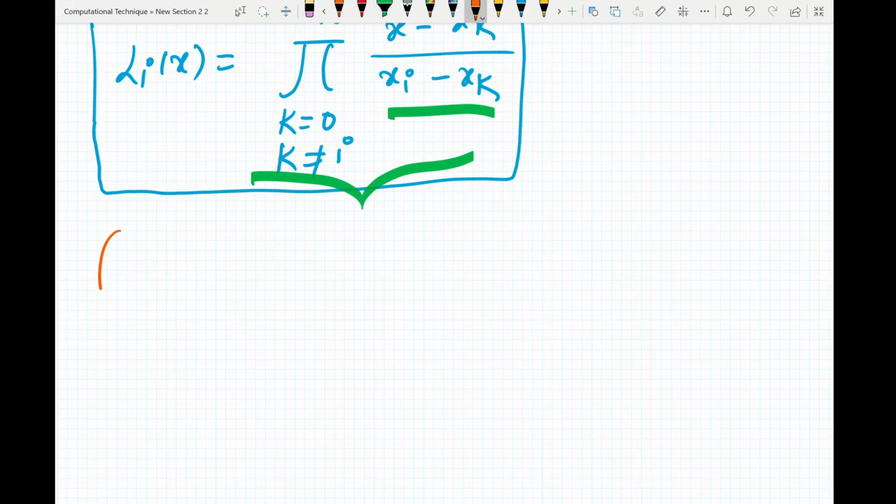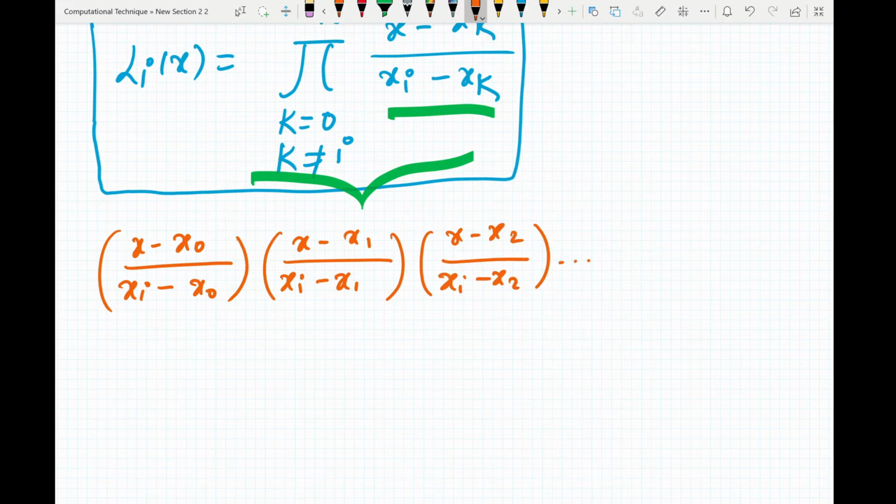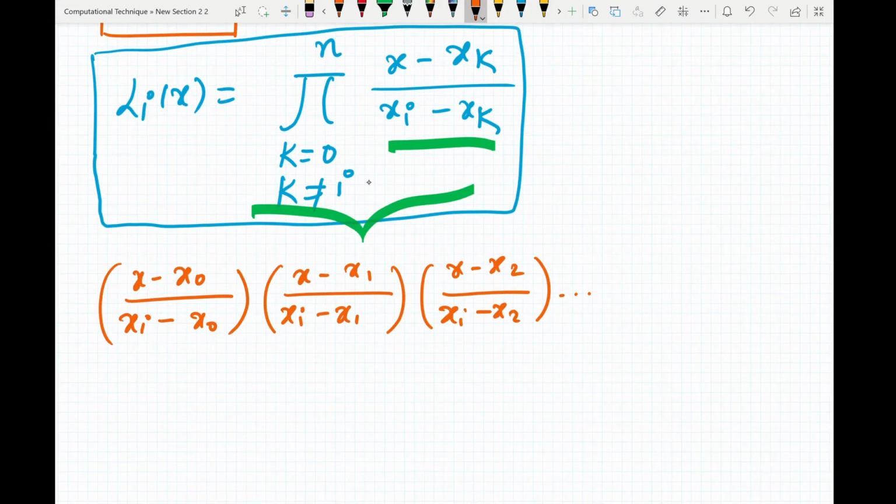If you expand it, what you'll get is (x minus x0) divided by (xi minus x0), and then (x minus x1) divided by (xi minus x1), times (x minus x2) divided by (xi minus x2), and so on. And then this k cannot be equal to i. If that is equal to i, then you don't have a solution here, you get infinity.